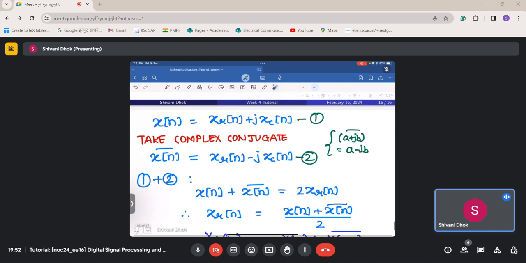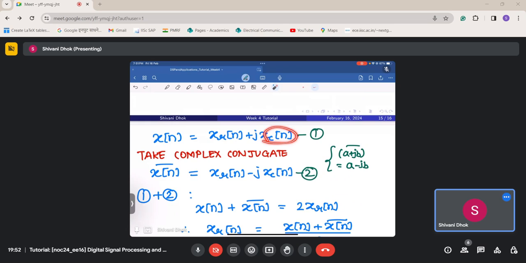Now we need to find the same thing for xc[n]. How can we eliminate xr? We can do 1 minus 2, in which situation these two things will get cancelled.